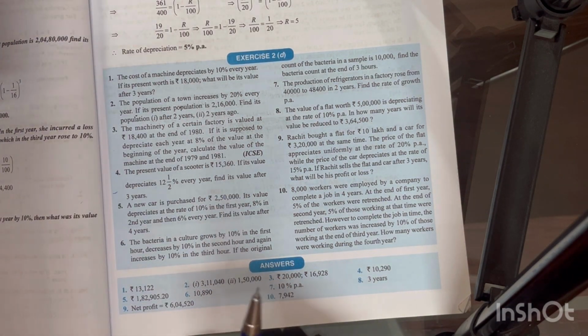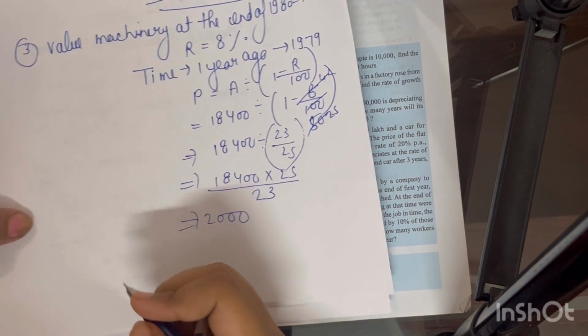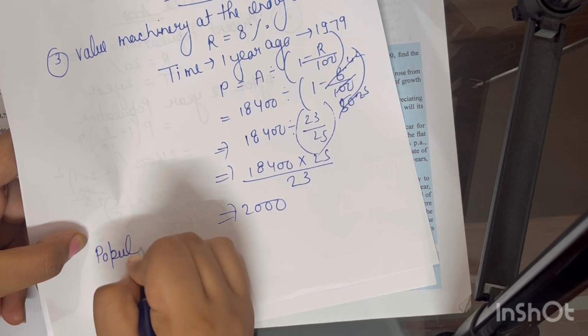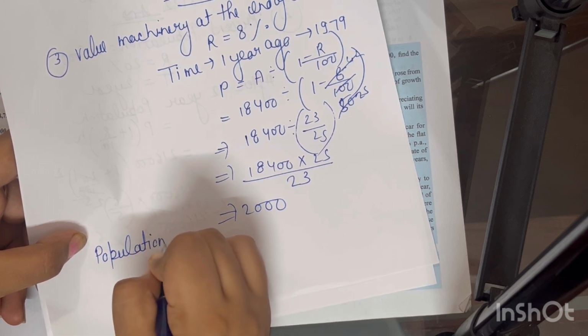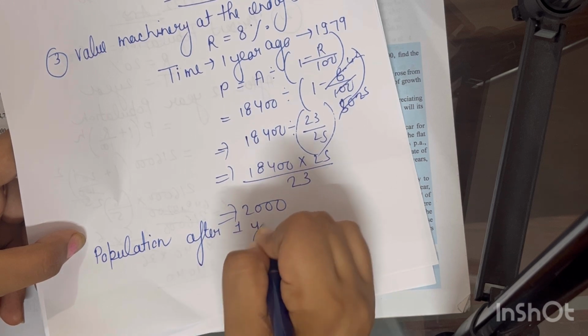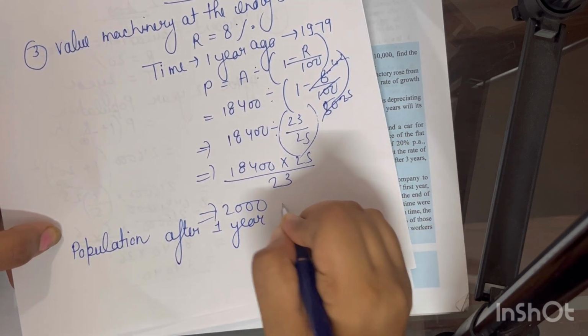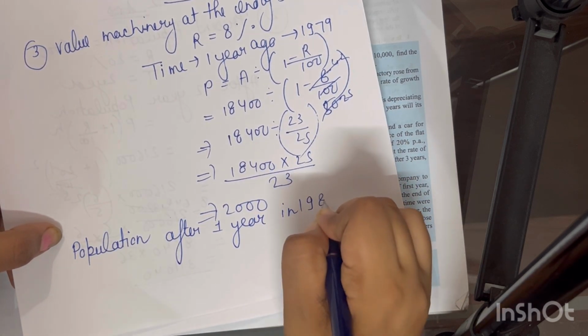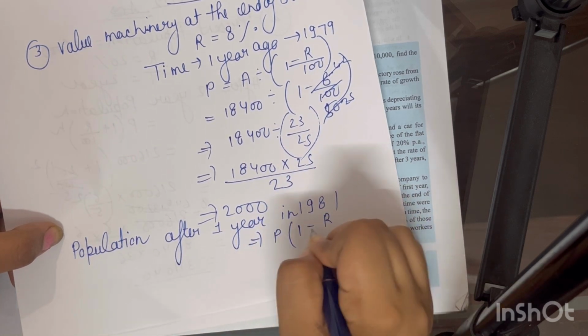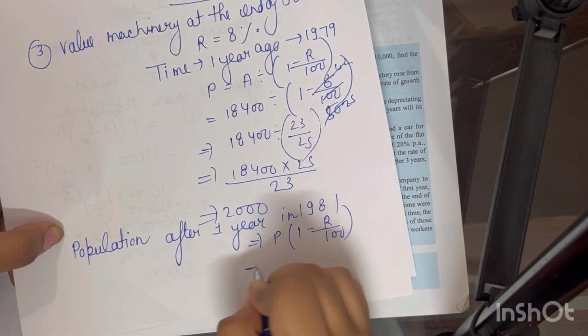Now value after 1 year in 1981. P(1 minus R by 100).